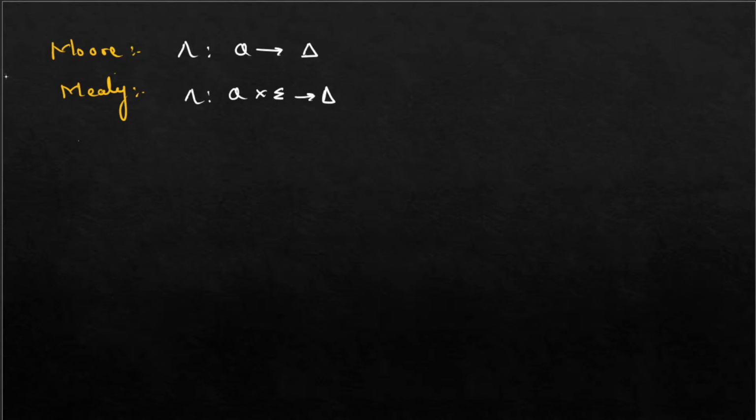Now if we talk about the diagram of Moore, it will be like this. See, here Q0 has an output, and there are transitions. Here 1 is there, here 0 is there.